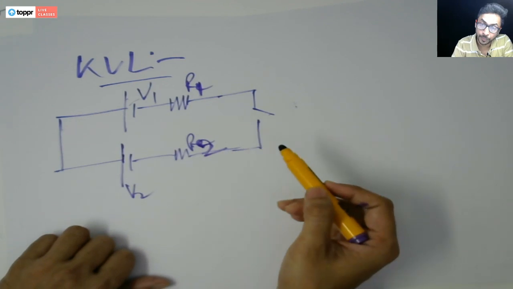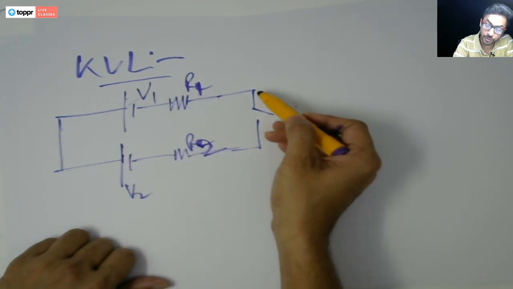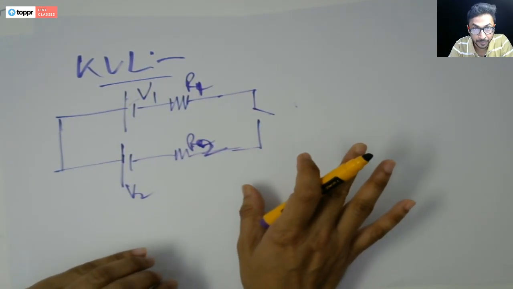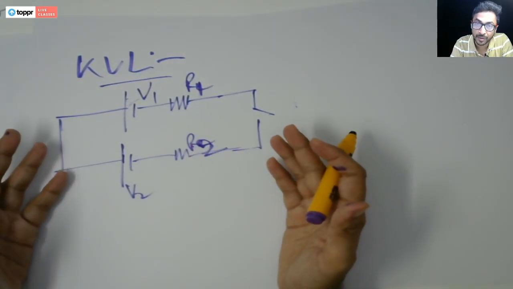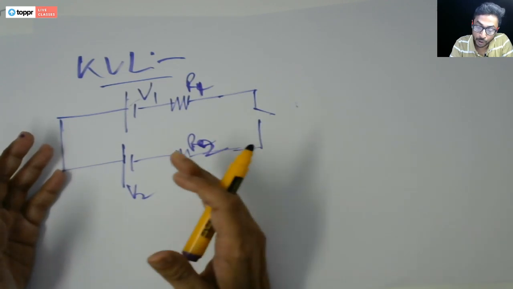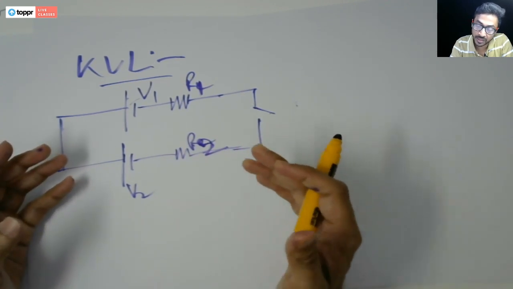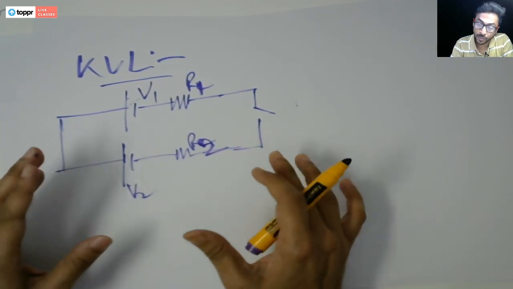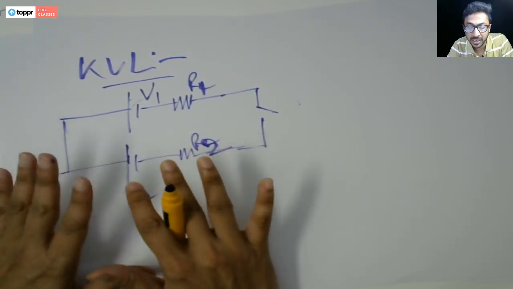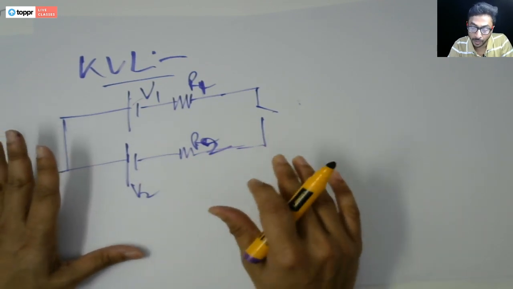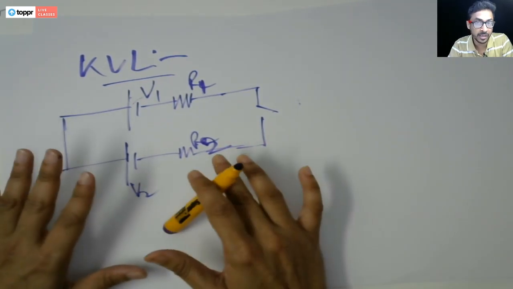Within a loop, the total potential difference will be 0. And this definitely comes from the conservation of energy, because potential difference is work done per unit charge. So when we're talking about potential difference being 0, it means the work done is 0, that is conservation of energy. That is, no energy is created, nothing is destroyed.